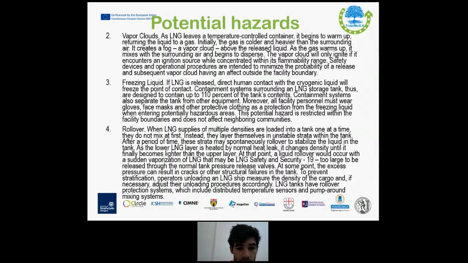Containment systems also separate the tank from other equipment. Moreover, all facility personnel must wear gloves, face masks and other protective clothing as a protection from the freezing liquid when entering potentially hazardous areas. This potential hazard is restricted within the facility boundaries and does not affect neighboring communities.